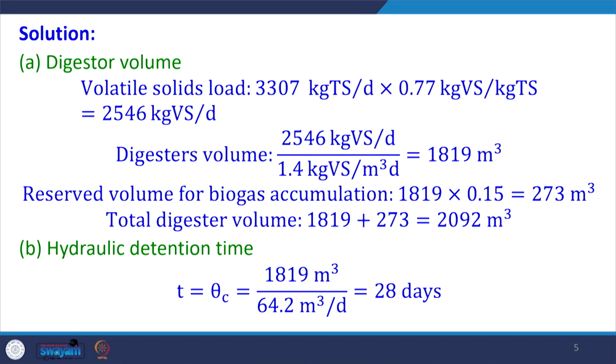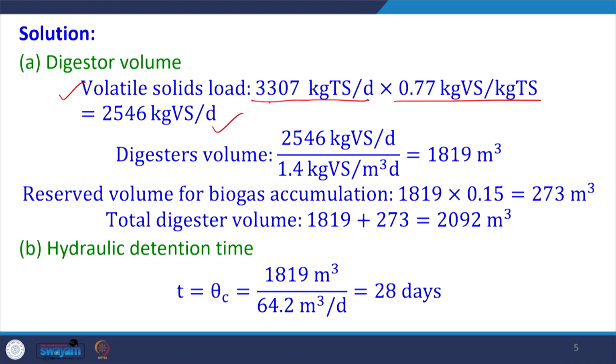Now, let us start solving the problem. What will be the digester volume? First we calculate the total volatile solids load. This was the influent in kg TS per day, and within this the VS content was only 0.7, so this is the volatile solids load.